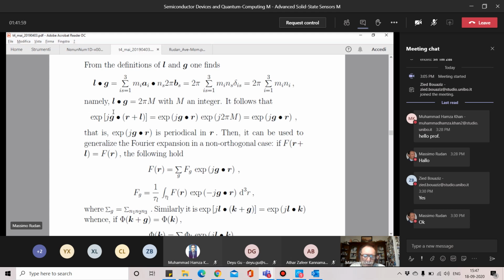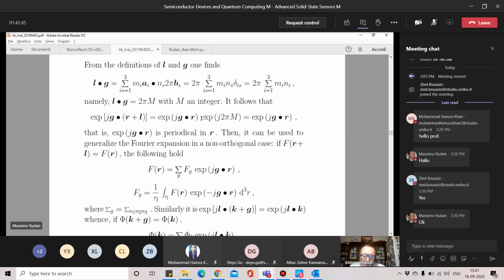It's the imaginary unit j times G scalar product times any vector of the direct lattice R plus a translational vector again of the direct lattice L. Okay, then you can split the exponential into the product of two exponentials, and the portion of the exponential with j G dot L, you remember, gives you j 2 pi times an integer. But obviously this exponential is equal to 1.